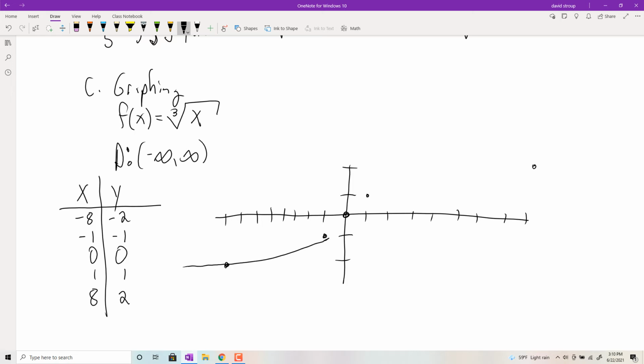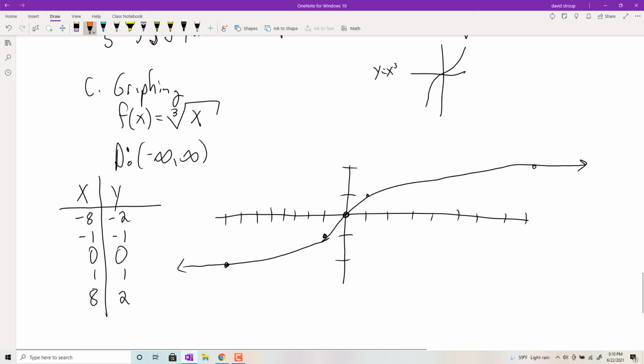This may look familiar if you know what the x cubed function looks like, because this is just the inverse of that. If you've ever plotted y equals x cubed, you know that you would get something that looks like this. And then to get the graph of its inverse function, you just rotate it about the line y equals x.